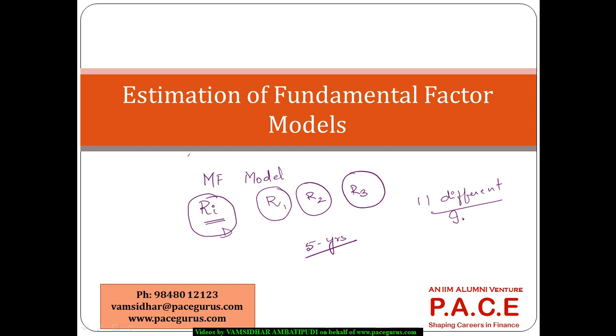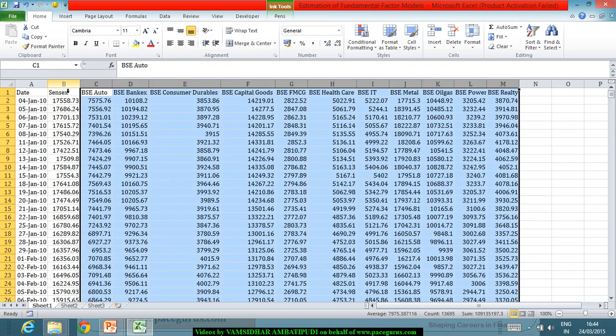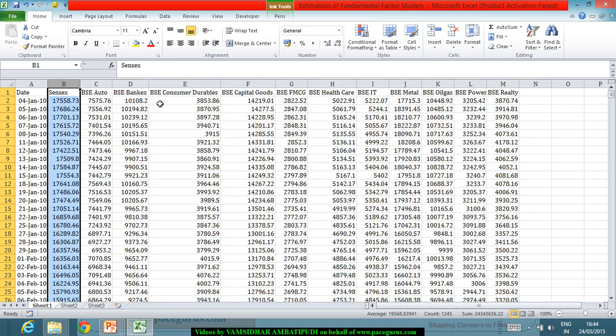All I want to see is, can I map the overall risk that is inherent in the Sensex, can I try to link that with respect to these 11 different sectors? So that is what we are trying to do in the entire process, right?